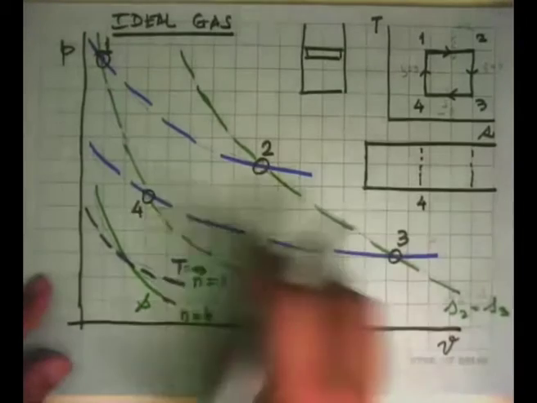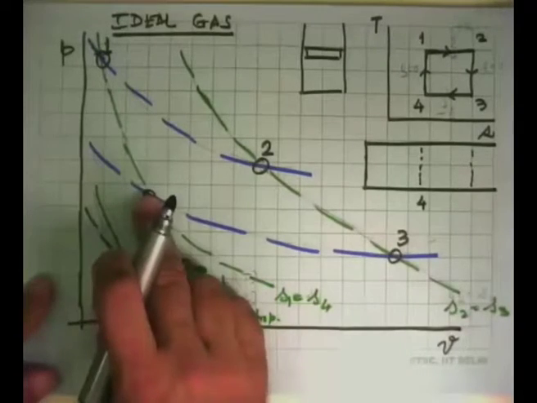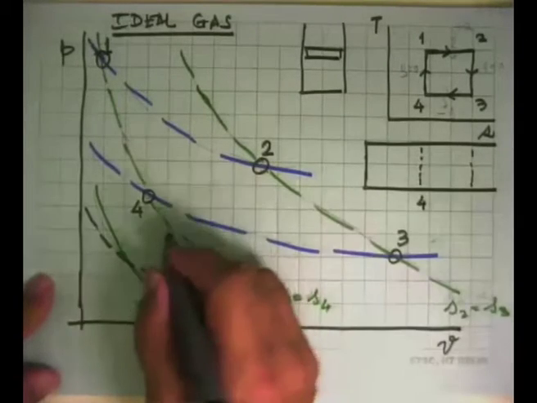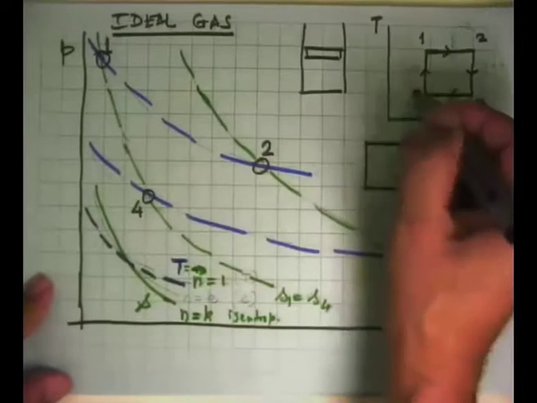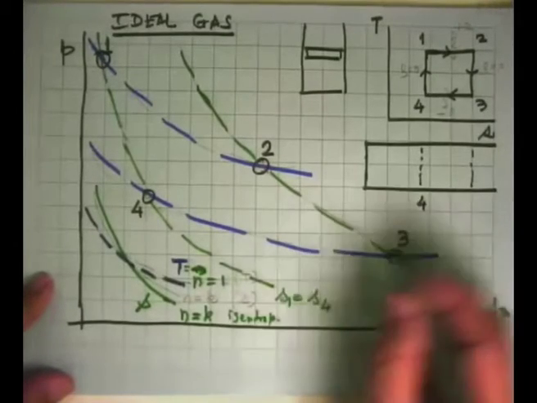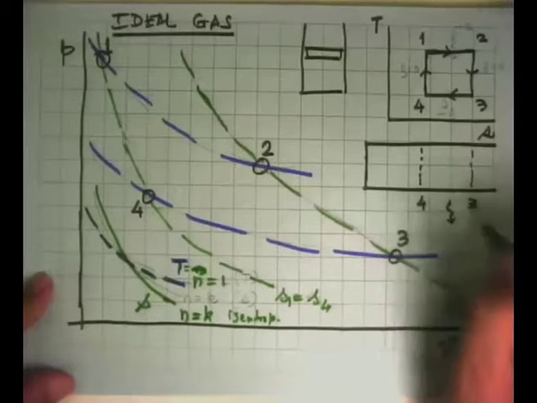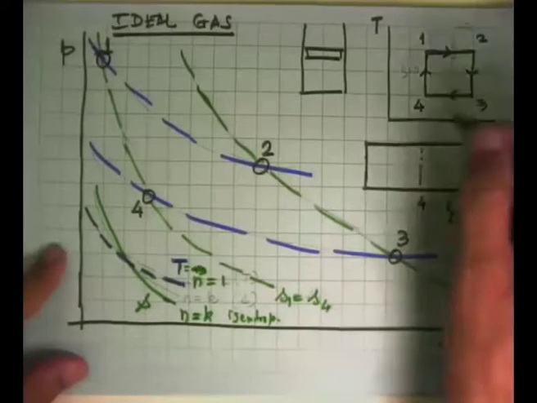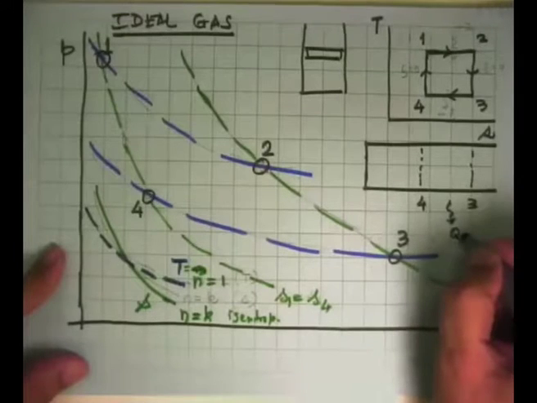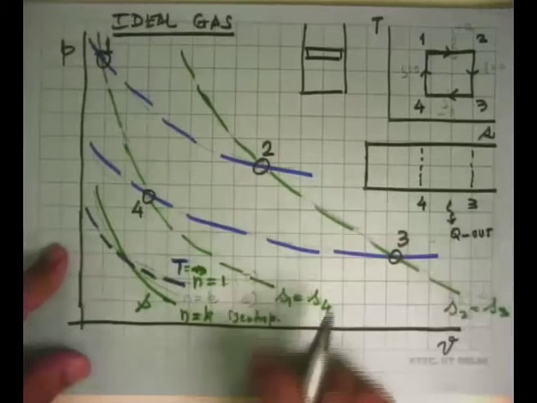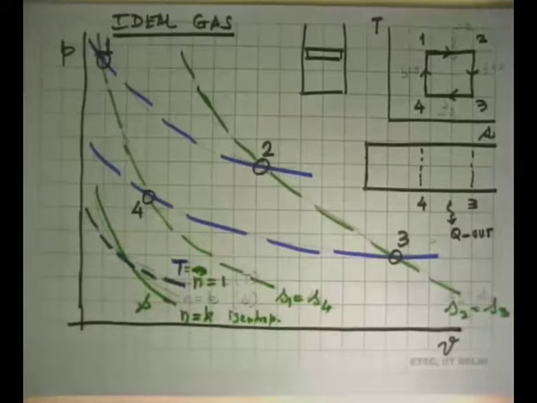And this is an isothermal process. During the isothermal process, which is your 3 to 4, we have to have the piston moving and your heat rejection. So we have to have two things in the practical world: the piston is moving and we are very quickly taking out heat from there.